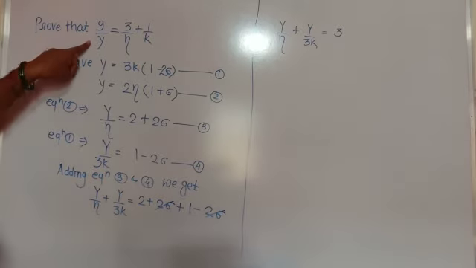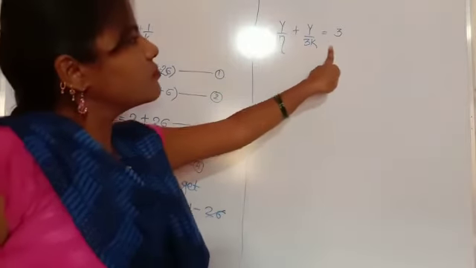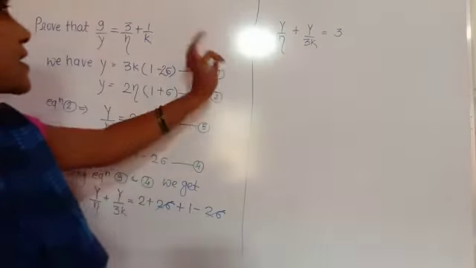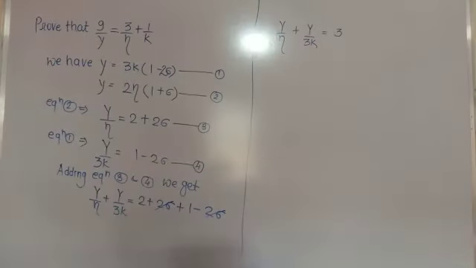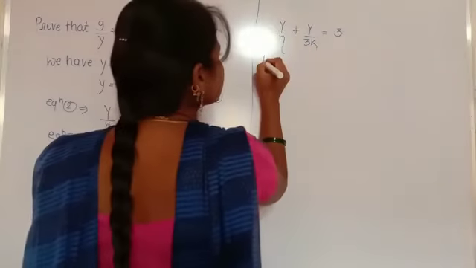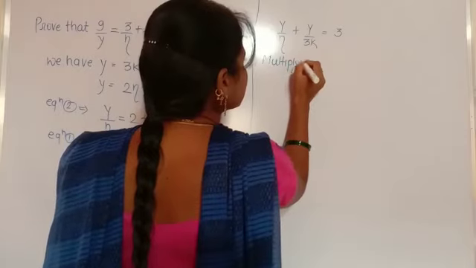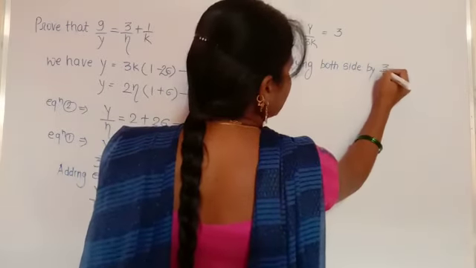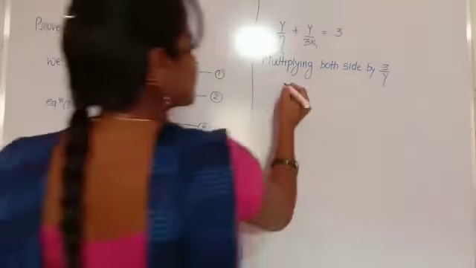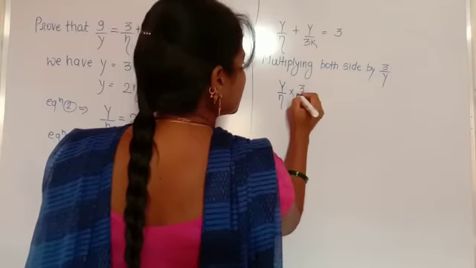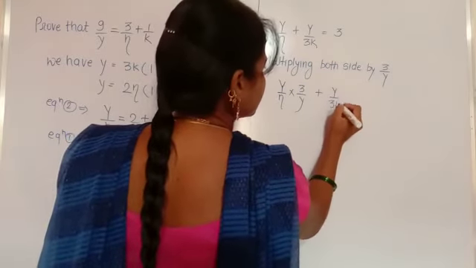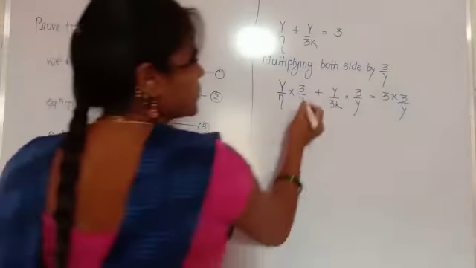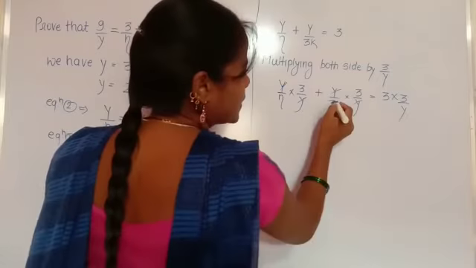We have to prove 9 by Y, with 3 by eta and 1 by K. The extra terms are 3 and Y. So multiplying both sides by 3 by Y: Y by eta into 3 by Y plus Y by 3K multiplied by 3 by Y equals 3 into 3 by Y. Here Y and Y cancel, and 3 and 3 cancel.